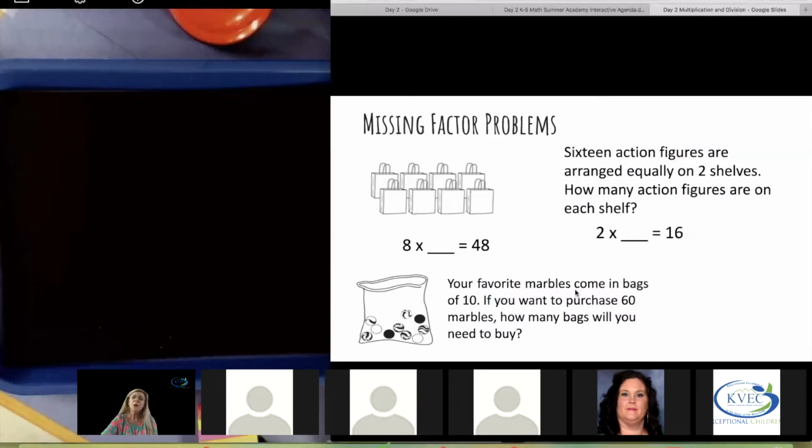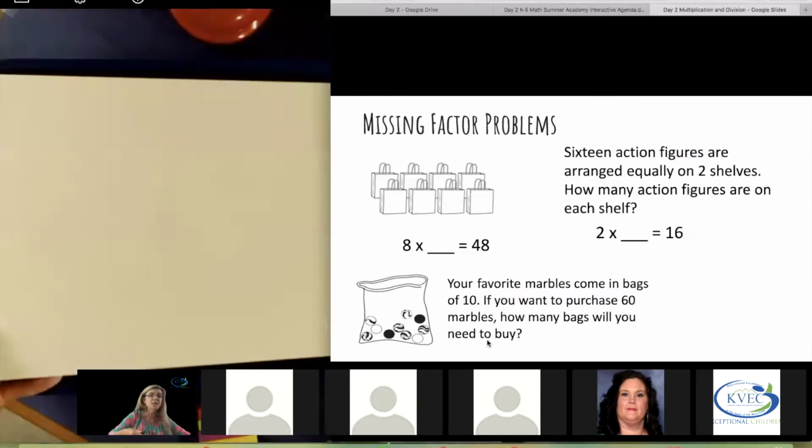Your favorite marbles come in bags of 10. If you want to purchase 60 marbles, how many bags will you need to buy? What's missing here? The number of groups.